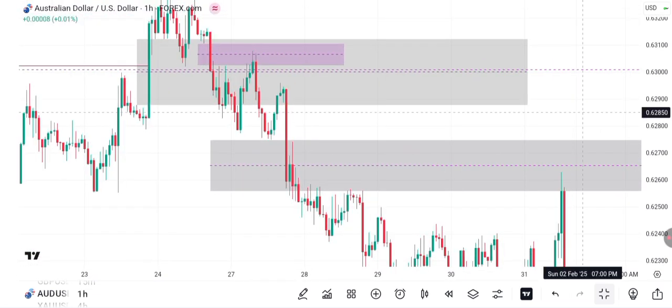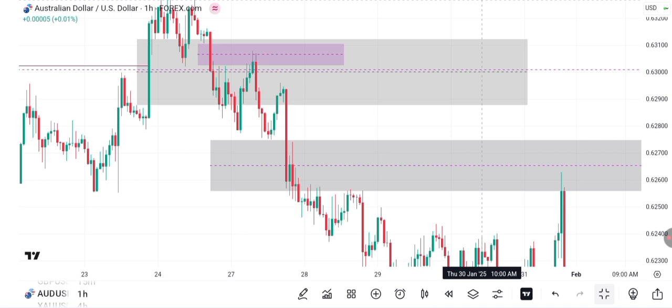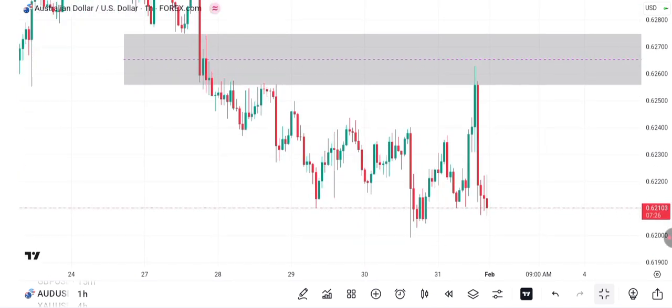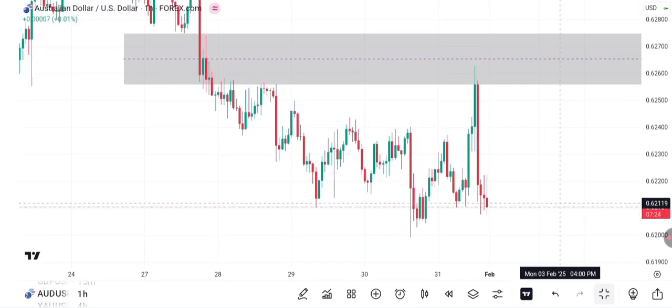Let's say I took my trade from 0.630, let's say 0.000, and then price moved down to 62,116.